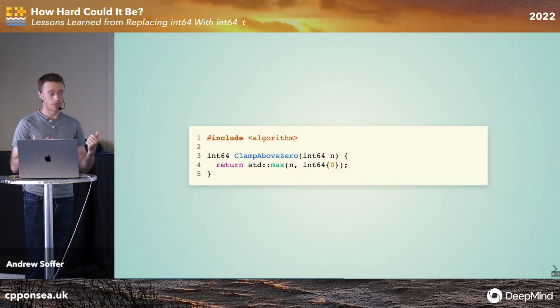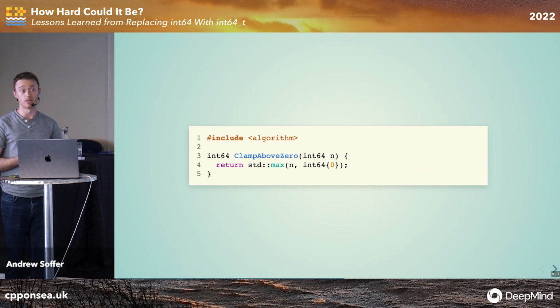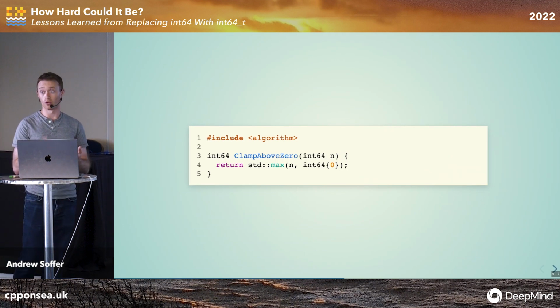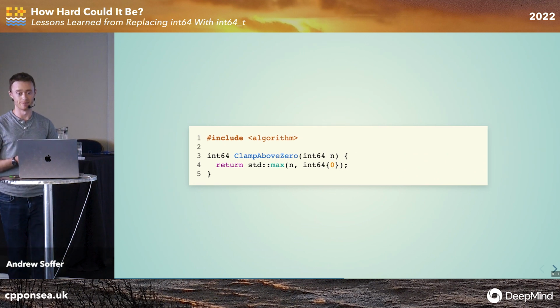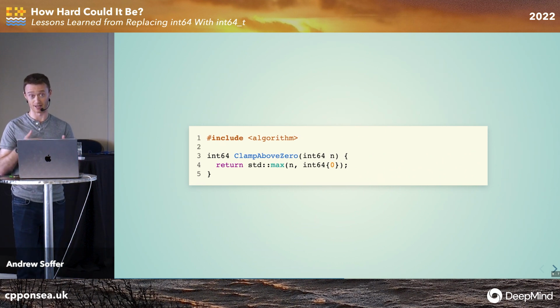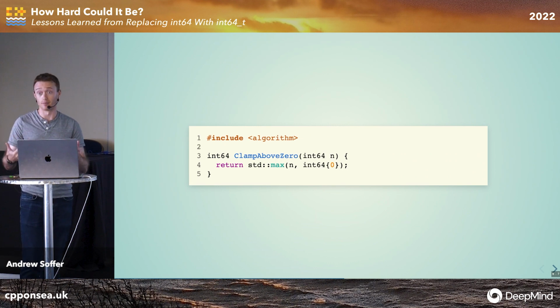So it's worth asking, though, why did we have this problem in the first place? We have a style guide. It says, don't use long. But we saw this 0LL all over the code base. How did that happen? I'm not totally positive about this, but my best guess is that originally people typed std::max of n, 0, and it didn't compile.